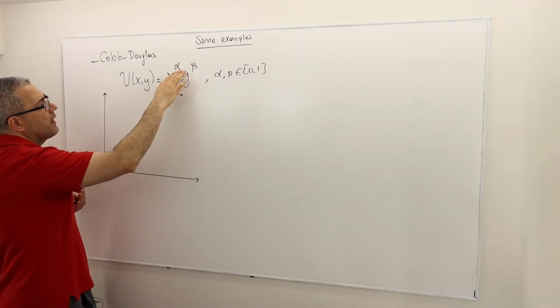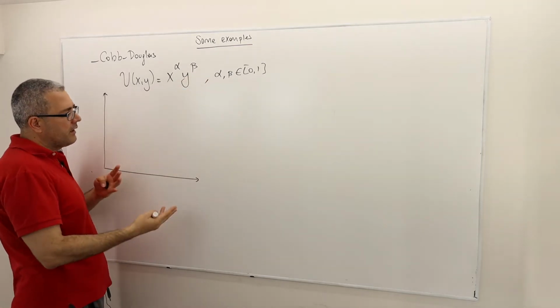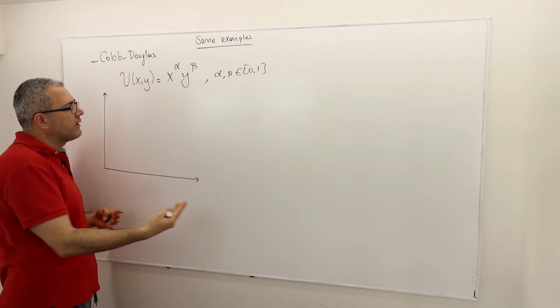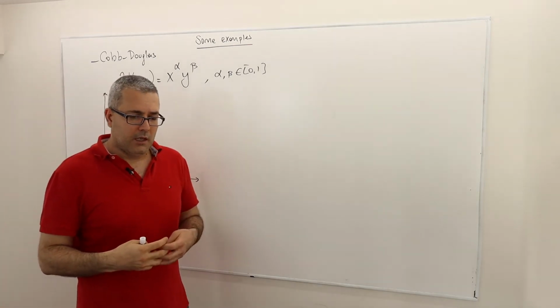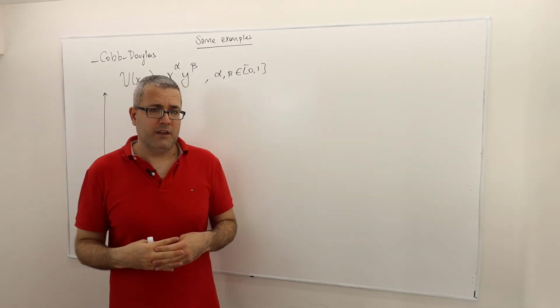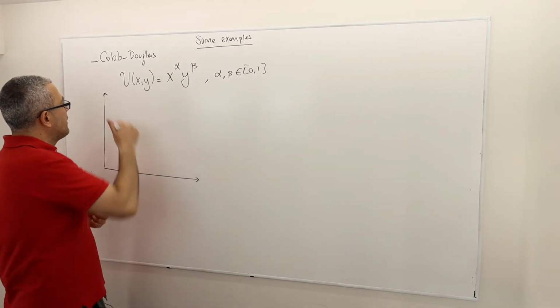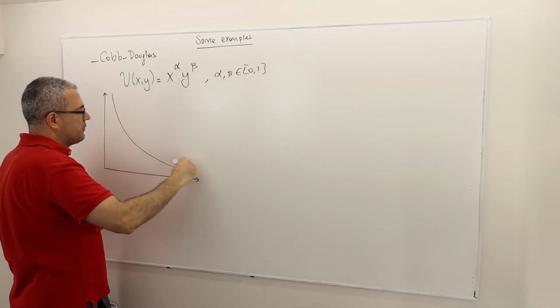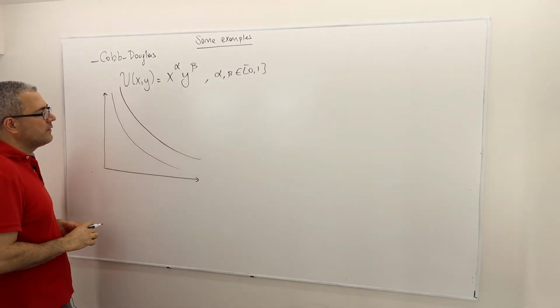But if alpha is, say, 1/3 and beta is 2/5, well then you will need a calculator to draw it, or you can use some mathematical applications to draw it. So a generic indifference curve of Cobb-Douglas utility functions will look like this.